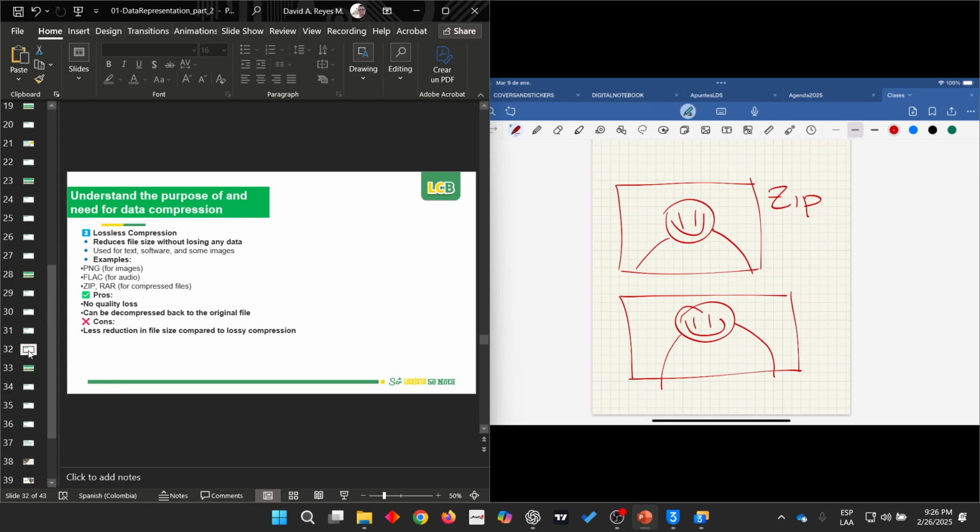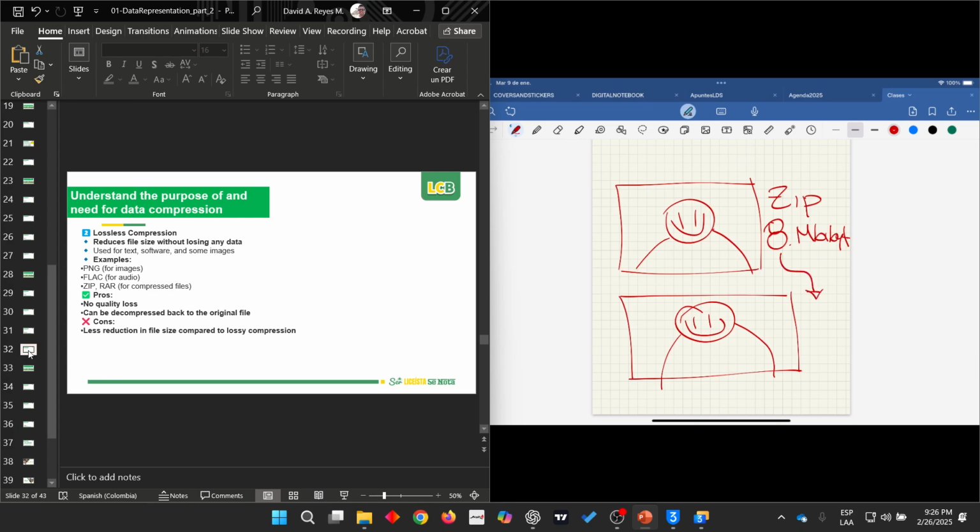The only disadvantage that you have using lossless compression is the compression of the file size. I'm going to give you an example, just using numbers. Let's suppose that this file size is about 8 megabytes, and you compress the file.